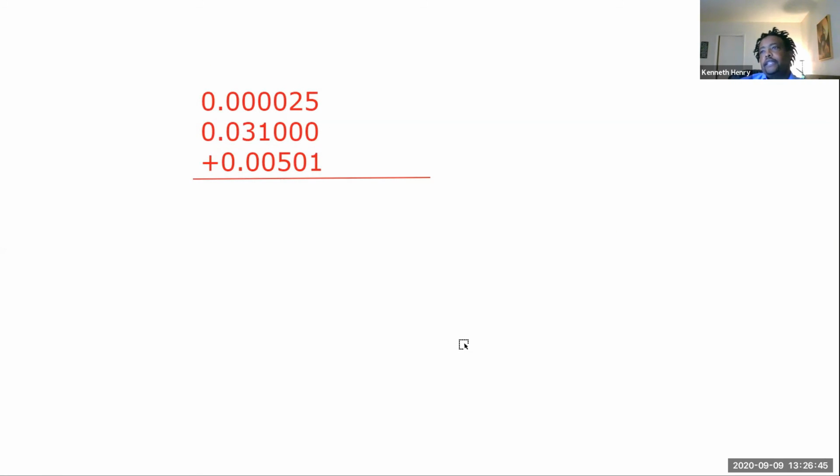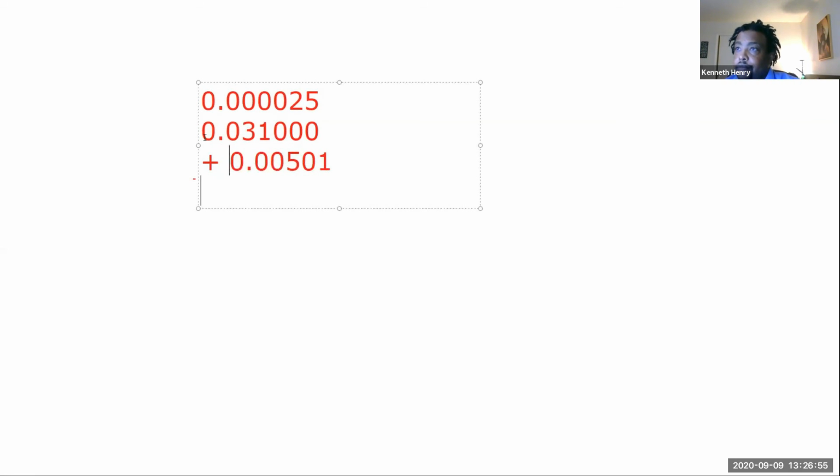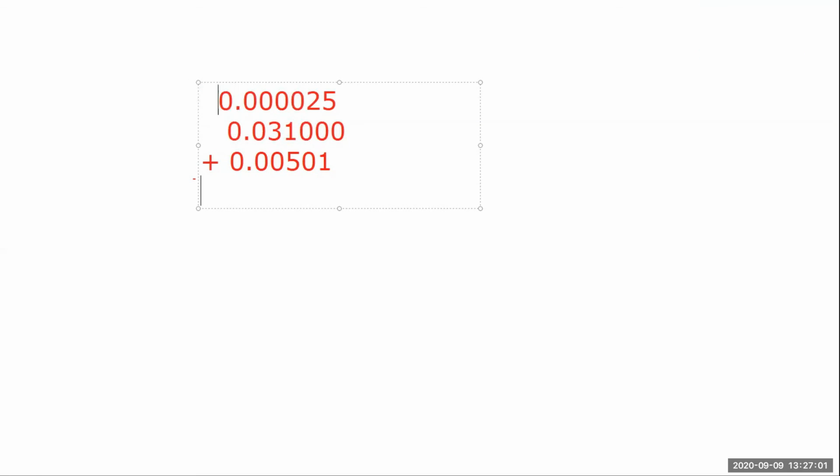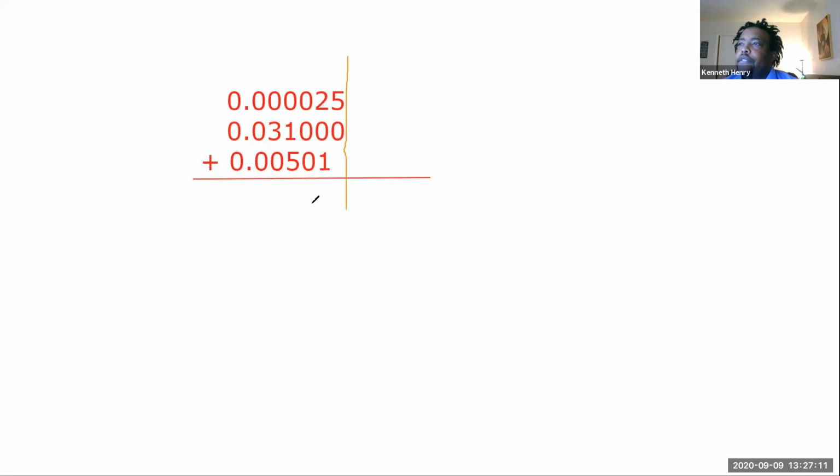So where would I draw the lines for the first number? Let's get us all lined up. Would it be at the end of the 25, like the 5? Okay, what about the next number?